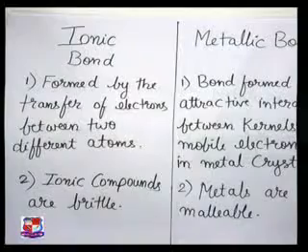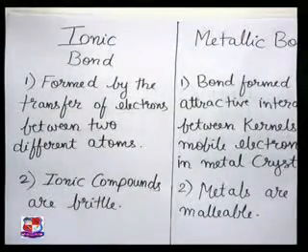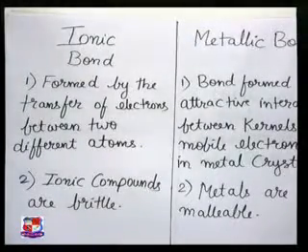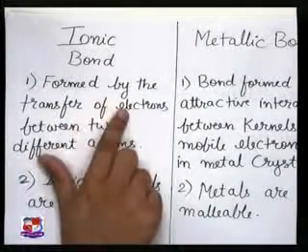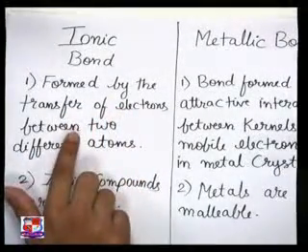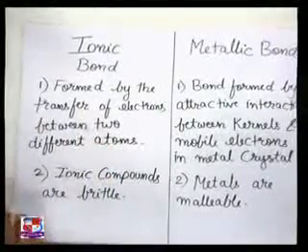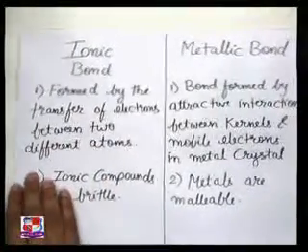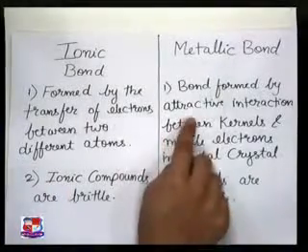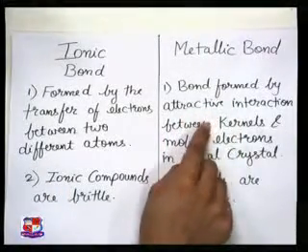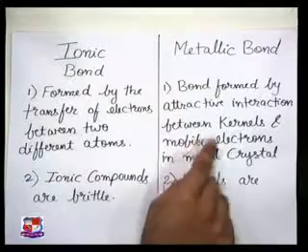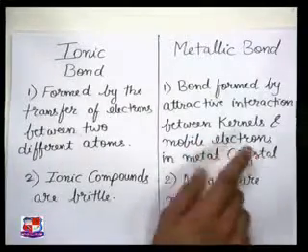The first point itself is a definition of the two bonds. That is, ionic bond is formed by transfer of electrons between two different atoms, and here you can see that metallic bond is formed by attractive interaction between kernels and mobile electrons in a metal crystal.